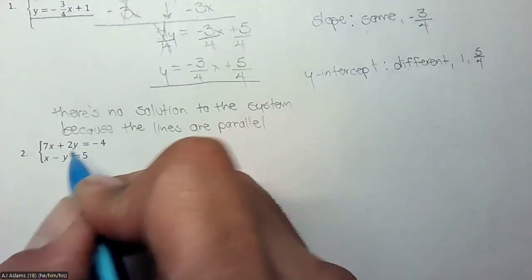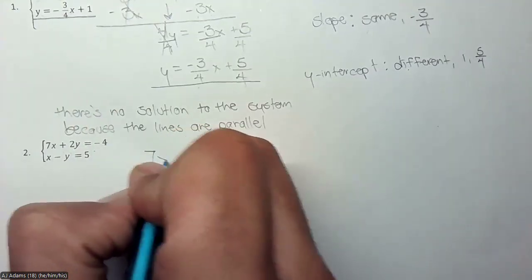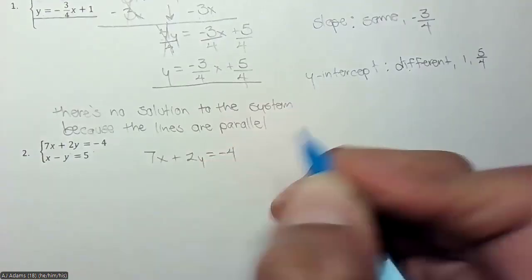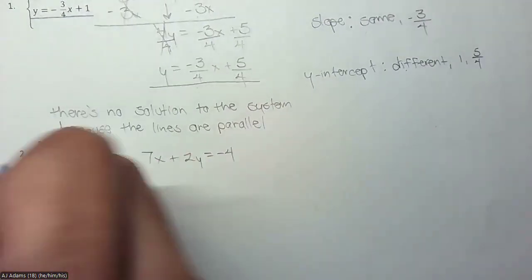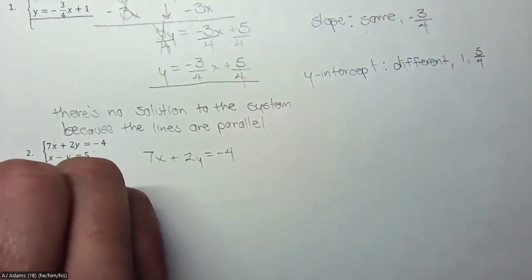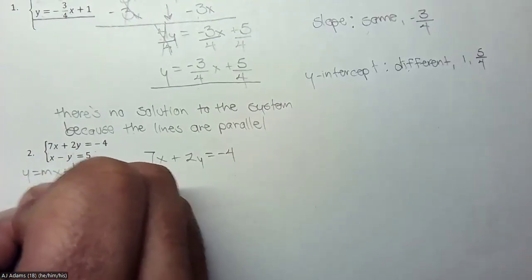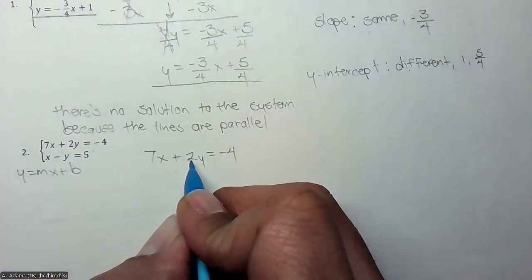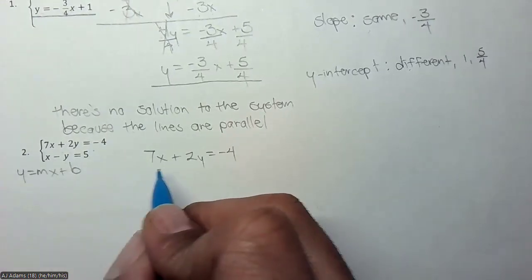We'll start with the first equation, 7x plus 2y equals -4. Let me write slope-intercept form somewhere. Y equals mx plus b. Y should be the only term on the left side of the equal sign.